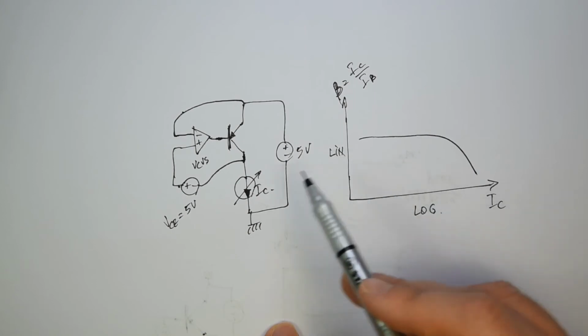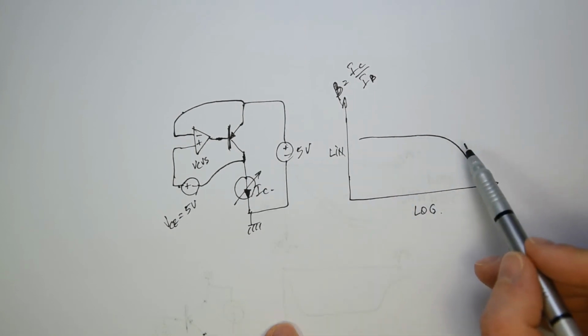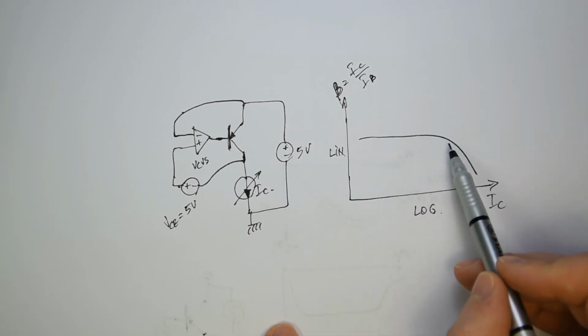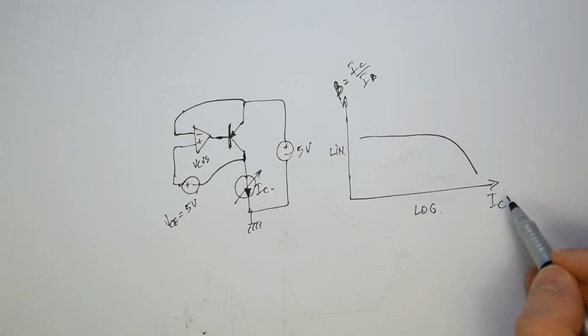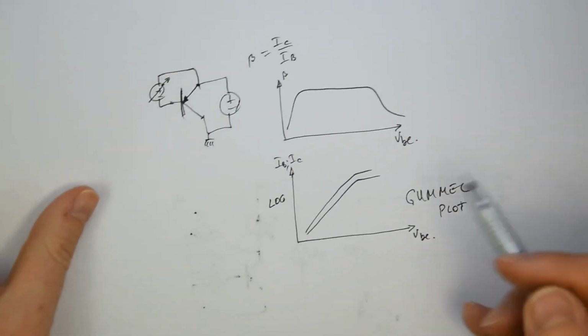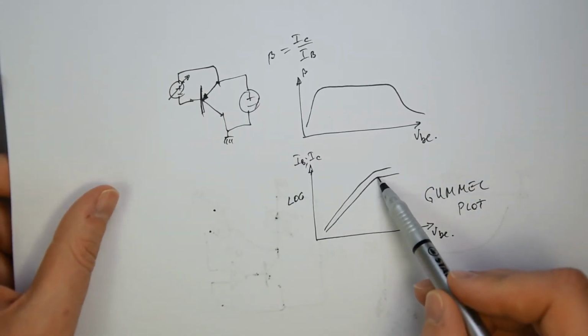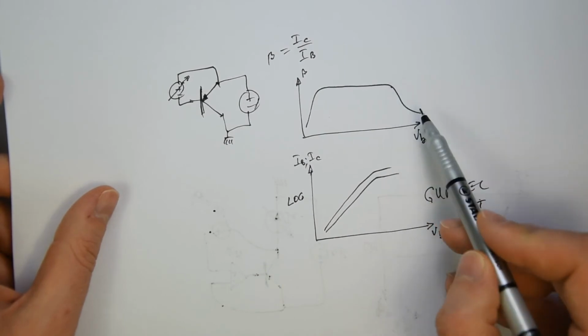As you see, any bipolar has a range where the beta begins to drop rapidly if the current into the collector is too big, or if we take on the other side, on the gamma plot, is actually here when the beta is dropping, or here when the beta is dropping.